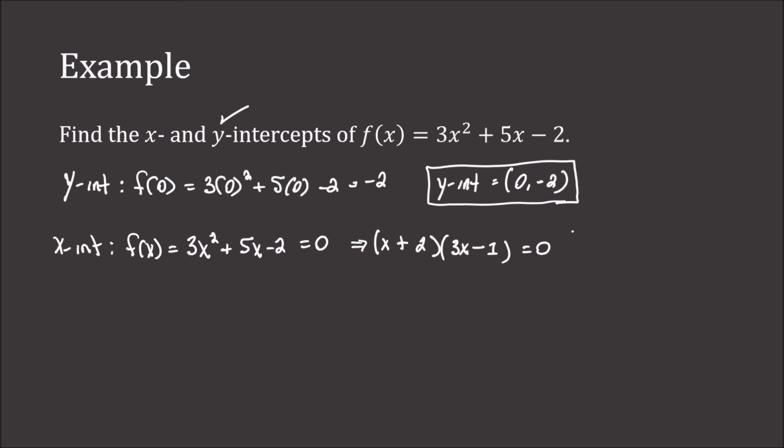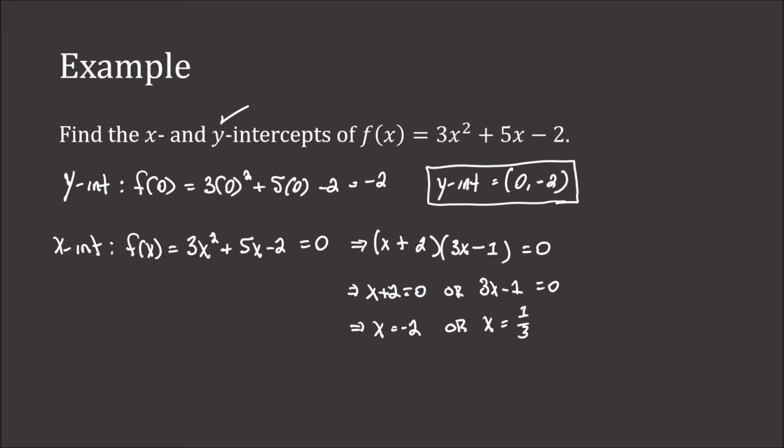Right? So this would mean that x plus 2 is equal to 0, or 3x minus 1 is equal to 0. Which would mean that x is equal to negative 2, or x is equal to a third, right?